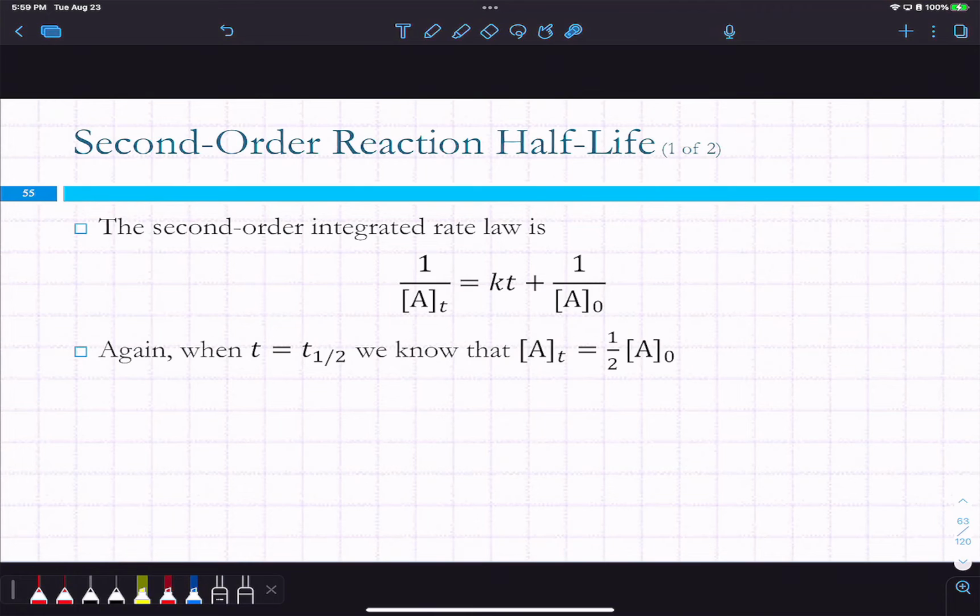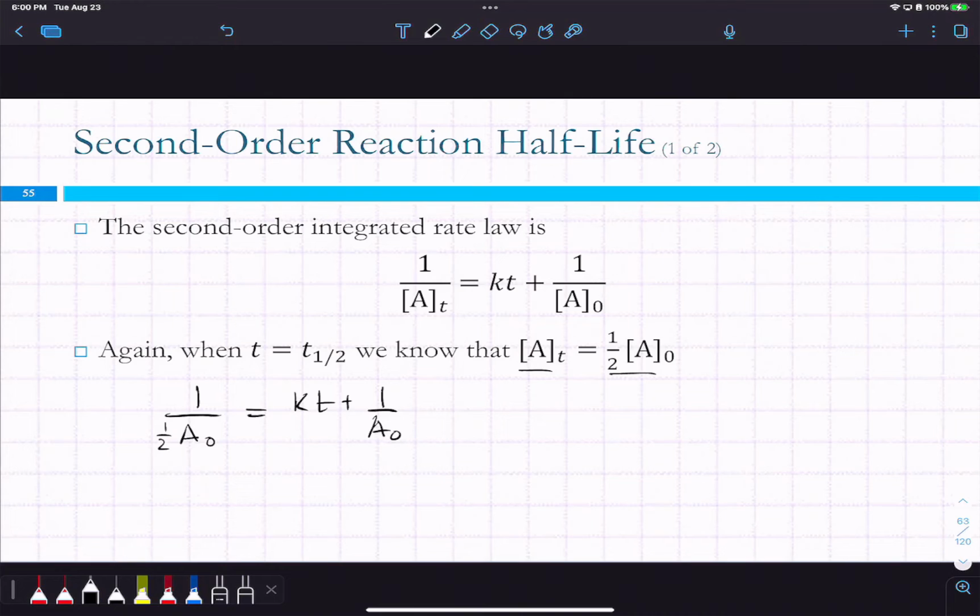So what do you think we're going to do for this? For a second order integrated rate law, if we want to know the equation to calculate half-life, we're going to do the exact same thing. We're going to replace A_t with half of A0. So 1 over half of A0 equals kt plus 1 over A0.